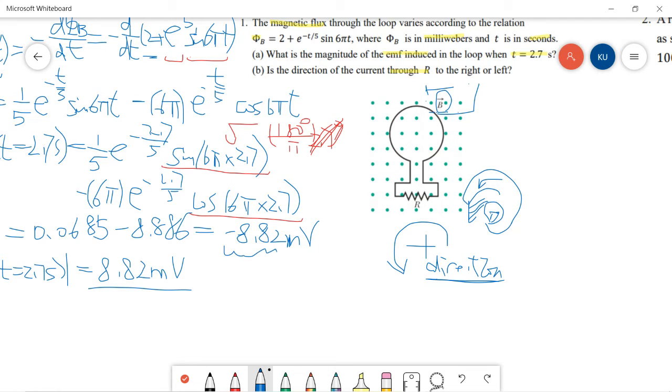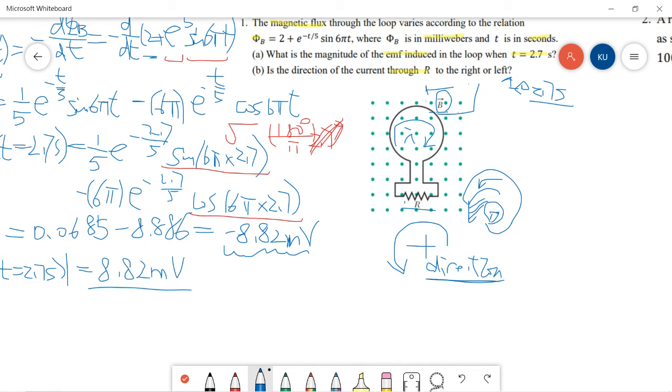However, in this question, we calculated that the induced EMF is negative at t equals 2.7 seconds. So in this case, it's negative, so the current is actually clockwise. The induced current is clockwise.